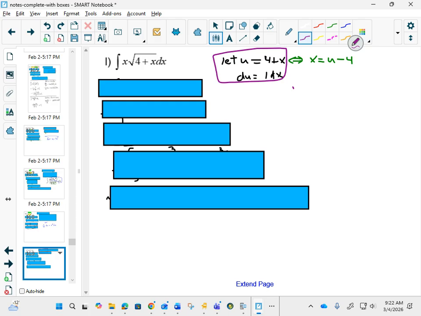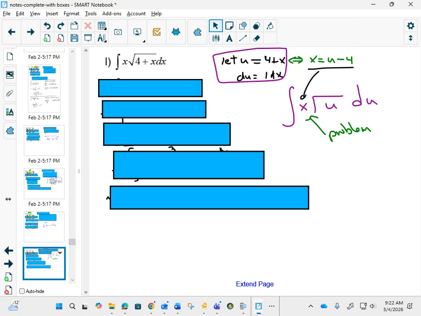And normally, if I substituted what I have, I would get this, and I have a problem because I still have an x. And this normally says your substitution did not work. But what we're going to do is use this rearrangement and substitute that x also for u minus 4.